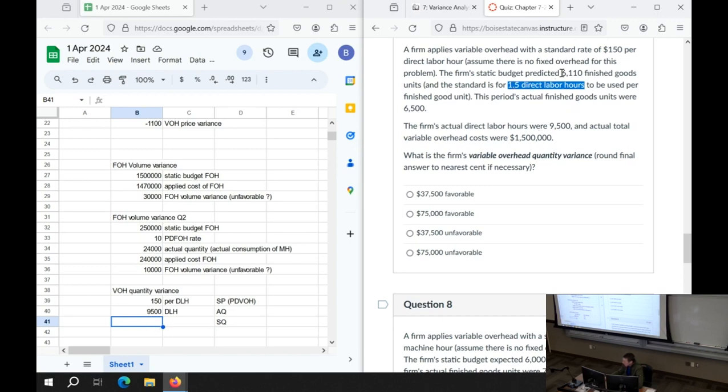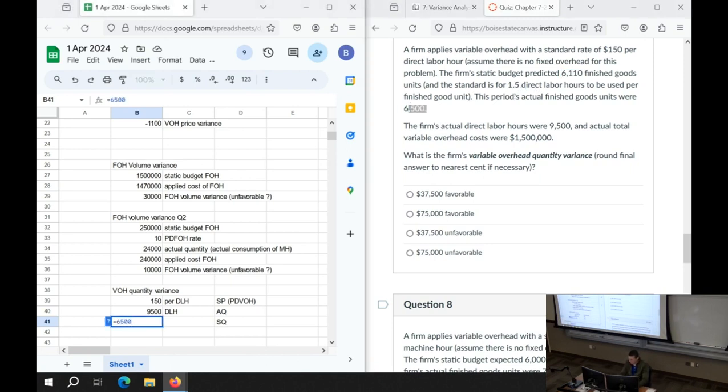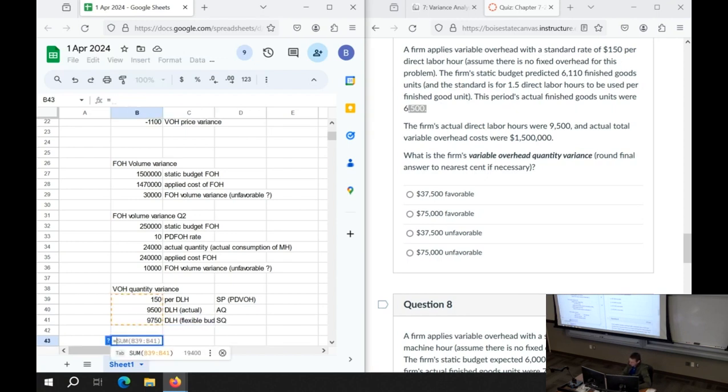Don't multiply this 1.5 by 6,110, multiply this 1.5 by 6,500. So 6,500 times 1.5, that's the direct labor hours we would have expected on the flexible budget. If we knew our actual finished goods production, we would have expected 9,750 direct labor hours.